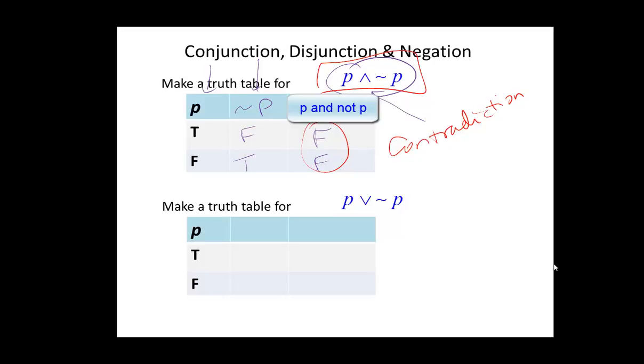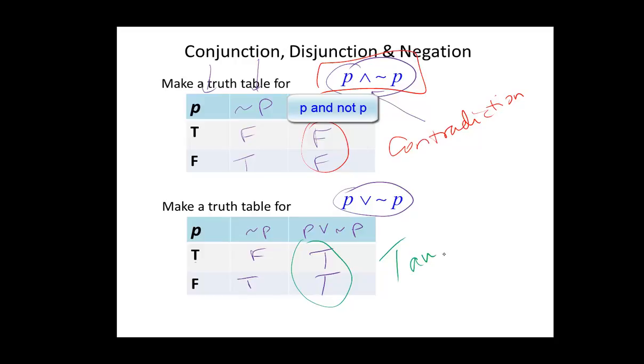Let's look at the second case, P or not P. So I'm going to put in not P, and then let me put the final one here, P or not P. So if P is true, not P is false. P is false, not P is true. Now for the disjunction, remember, that's only going to be false if they're both false. If one of them is true, it's true. Here we have a statement which is always true.